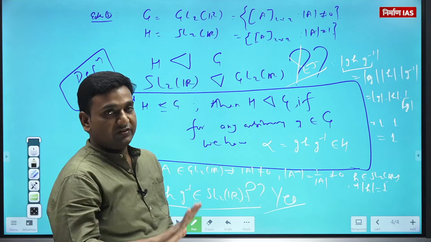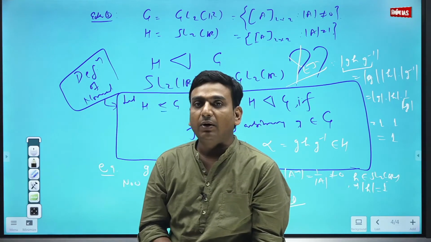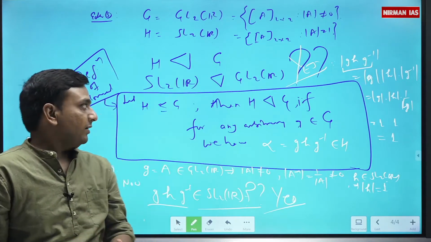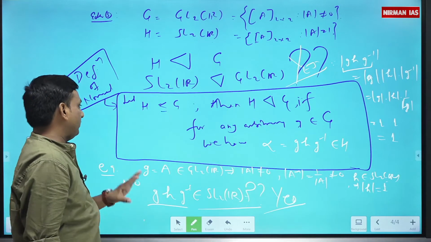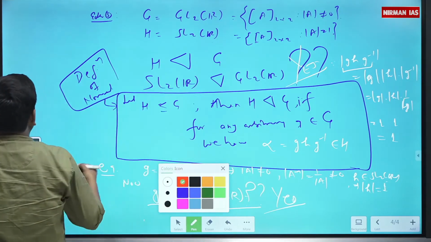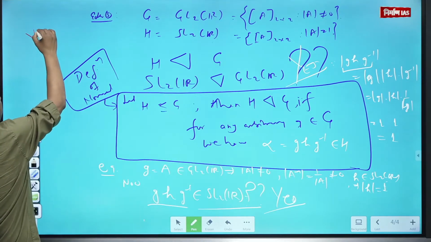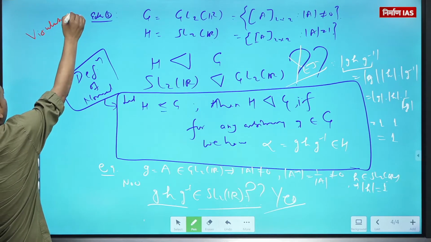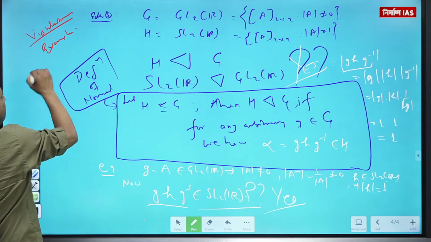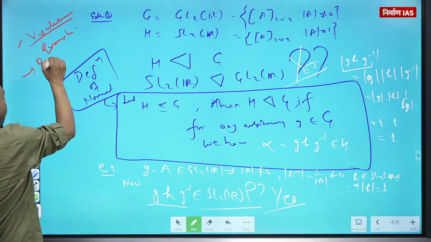So this is the story about normal subgroups. Again, in this topic, the dimensions we want to cover here: number one, visualization, how I did it, just through different examples. Number two, definition.